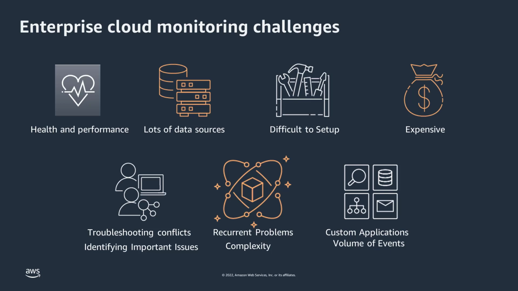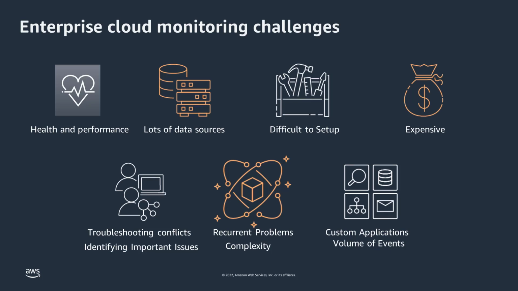Then the expense part of it, the tools themselves can be quite expensive. Licensing costs, duplication of tools, and overall resource consumption are just a few of the cost challenges. Many of the enterprises we've talked to have 3 or more non-AWS monitoring tools like SolarWinds or New Relic or AppDynamics, you name it.